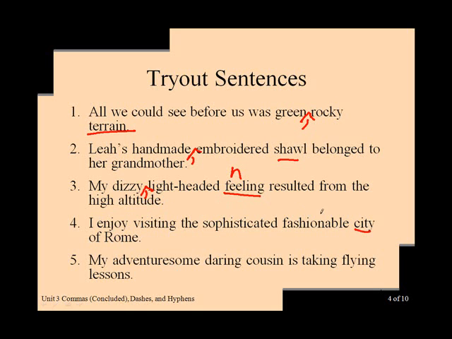The city was sophisticated and fashionable, fashionable and sophisticated, so we'll put a comma. My adventuresome, daring cousin is taking flying lessons. Cousin is my noun, and he is adventuresome and daring, daring and adventuresome, so we put a comma.